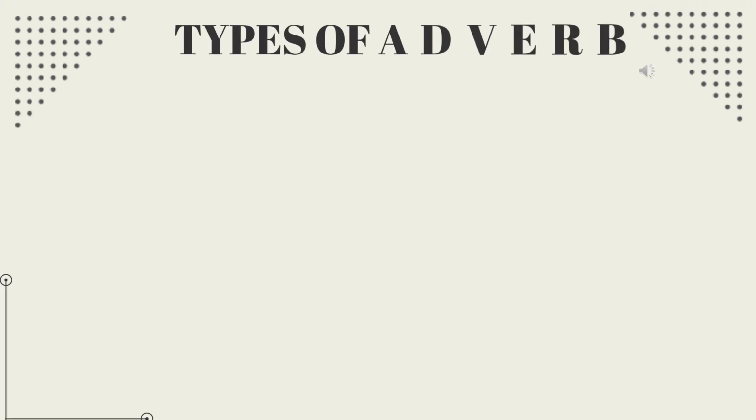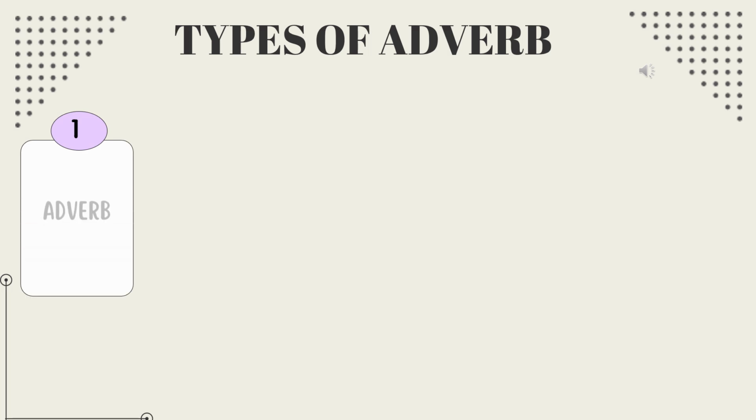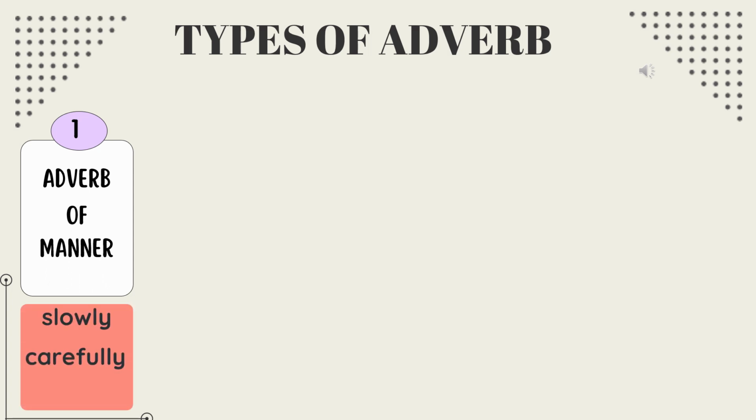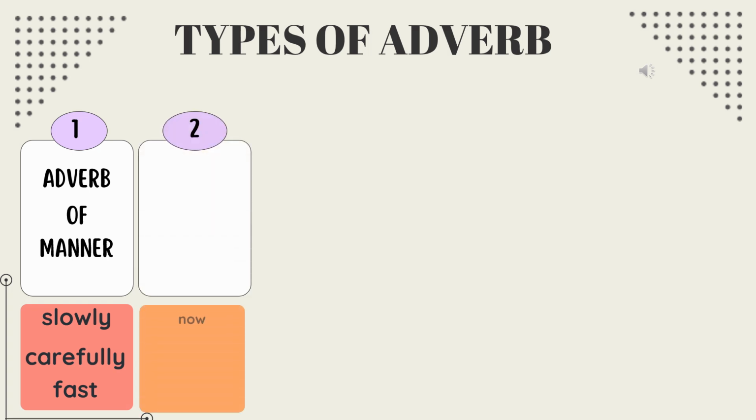Earlier, we explored how adverbs define the action in Leo climbed the tree. Each question we asked corresponds to a specific type of adverb. Let's look at the main categories. Adverb of manner. How did it happen? As we saw with clumsily or quickly. Examples: slowly, carefully, fast. Adverb of time. When did it happen?